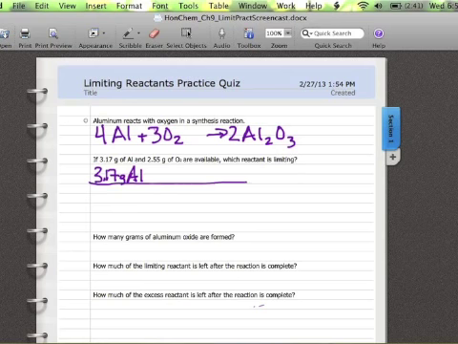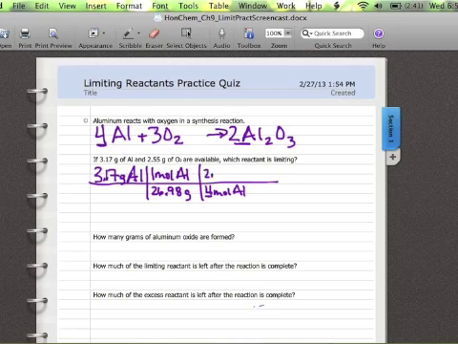For this one, we're going to first convert grams to moles. So we're going to use a molar mass. 1 mole of Al is 26.98 grams of Al. Then our next step will be to do our mole ratio. So we're looking at moles of Al to moles of Al2O3. We want moles of Al to cancel, so I'm going to put my 4 moles of Al on the bottom, and again that number comes from the coefficient in my balanced equation, to 2 moles of Al2O3. Then my last step will be to go back to grams of Al2O3.